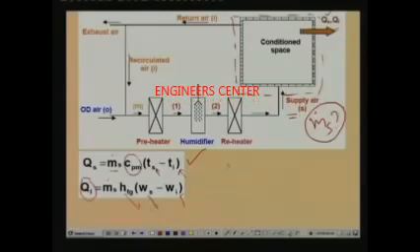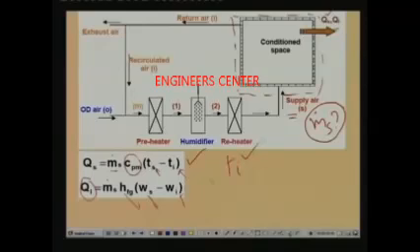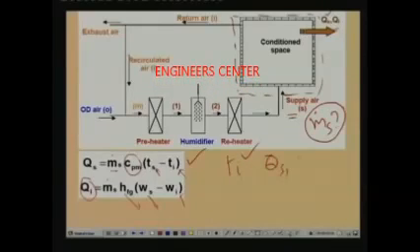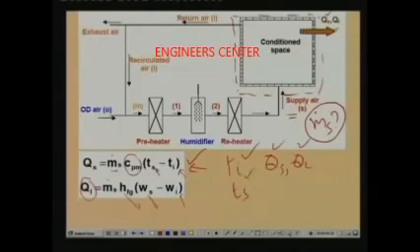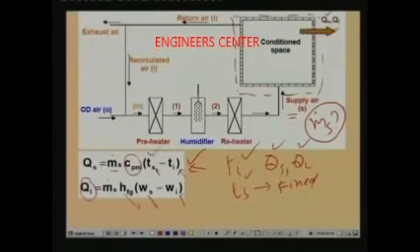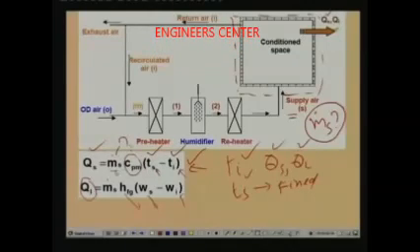Suppose I know Ti from our comfort criteria, and QS and QL are known from load calculations. I am also fixing Ts based on certain criteria. Then in this equation this is known, this is known, this is known, so I can find out the required mass flow rate.